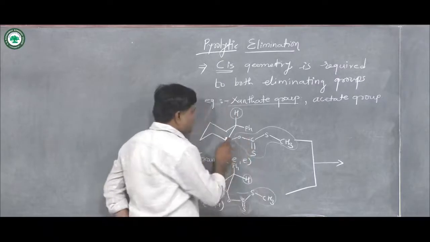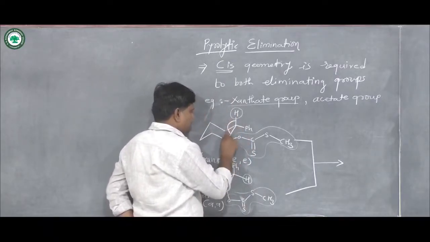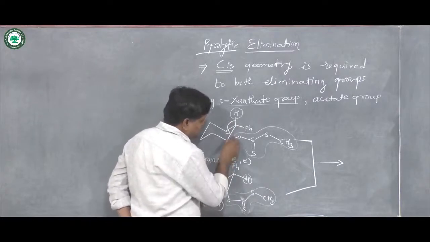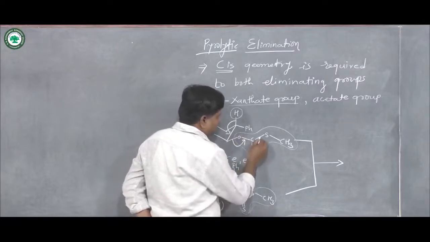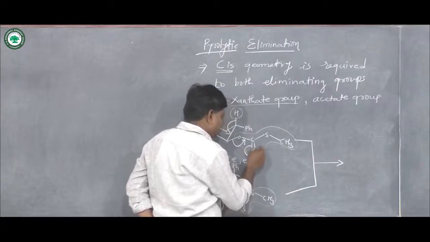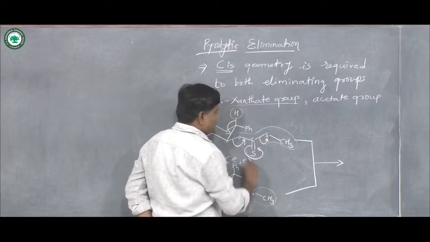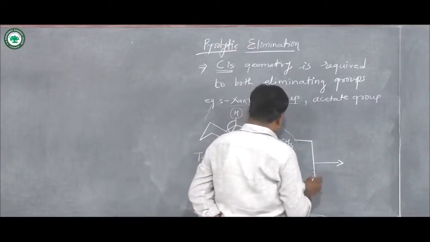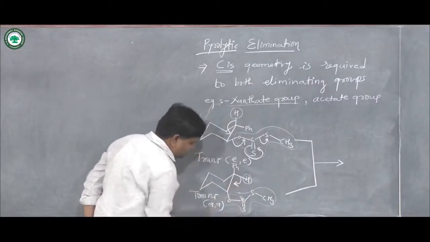Okay, so how is that elimination carried out? This bond shifts here, there is formation of a double bond, this bond will break, then this bond also breaks. We write like this, bond rotation, and this carbon sulfur bond will also break. In this case also that reaction is carried out.